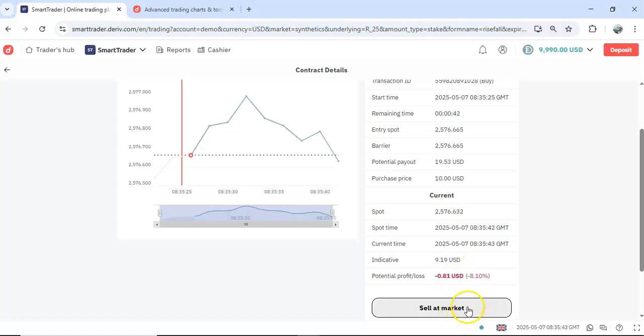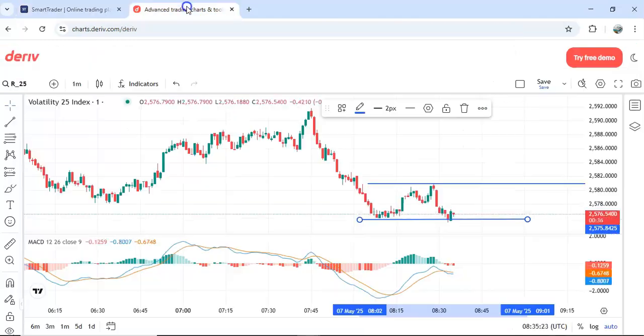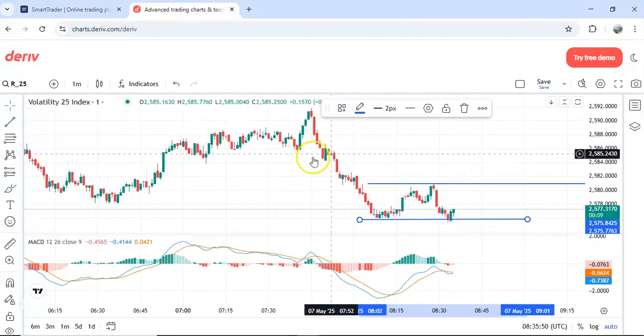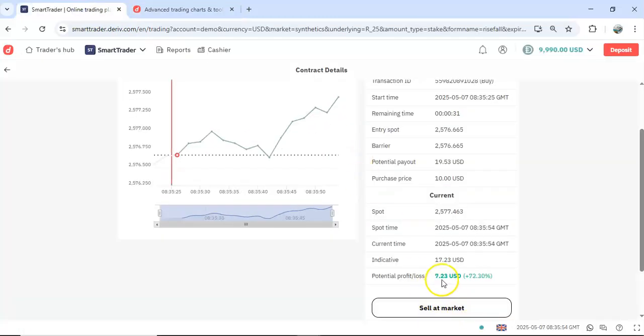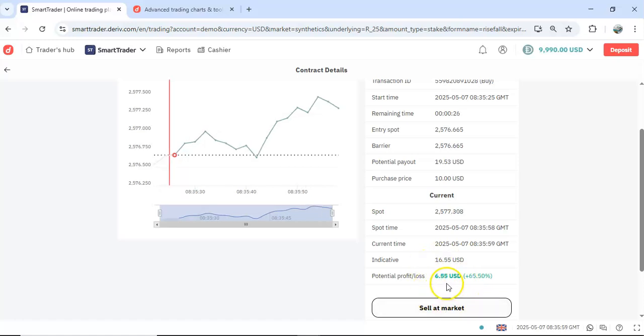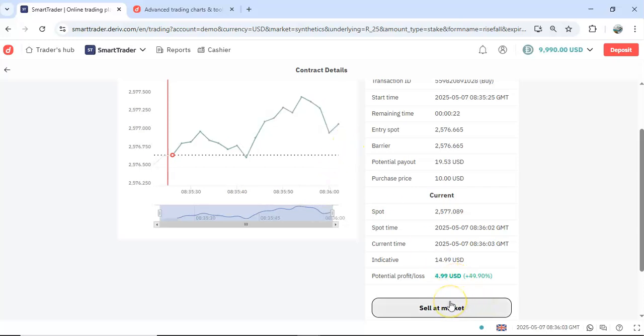So for this one, we can choose to sell in between the market, or we can exit with the profit that we are comfortable with. So let's say we are comfortable with this 0 point something, we just need to click here on sell. So let's see. So it's progressing in our direction.